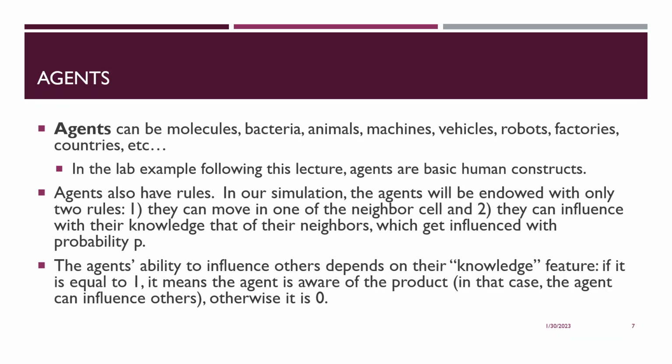So in this case, being influenced with probability P means that if you have any type of probability, there is a strong possibility that the simulation and or the agents you're working with have some kind of stochastic boundaries.